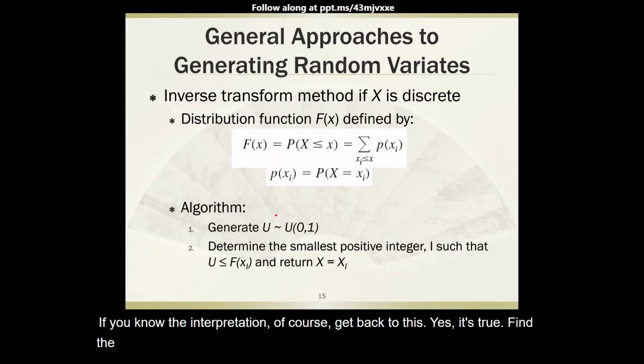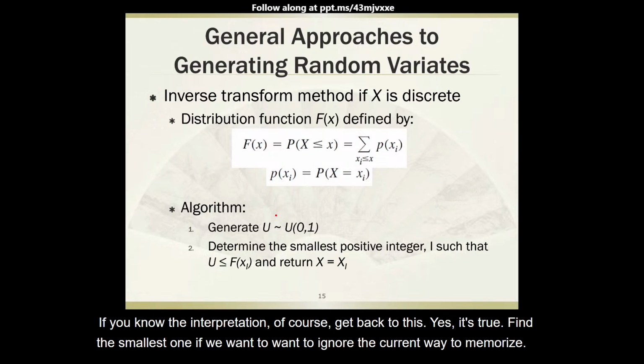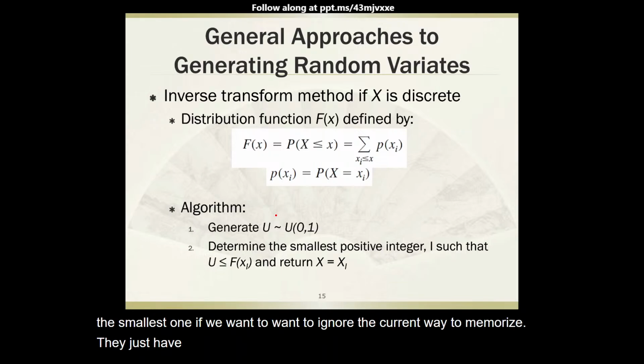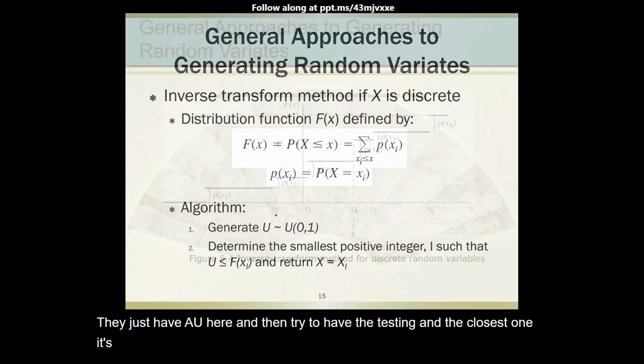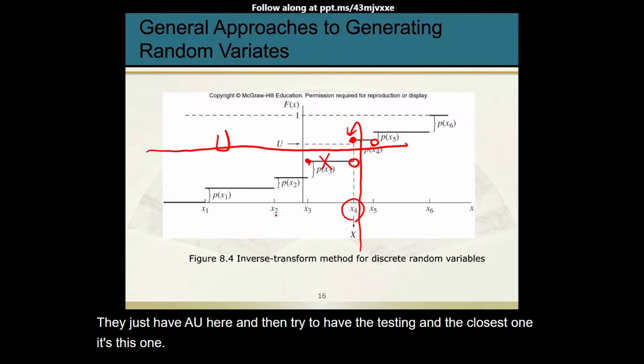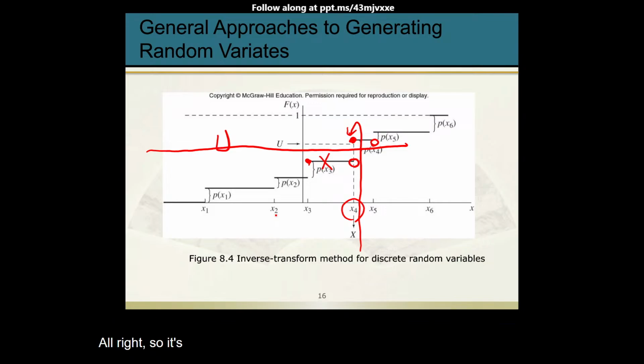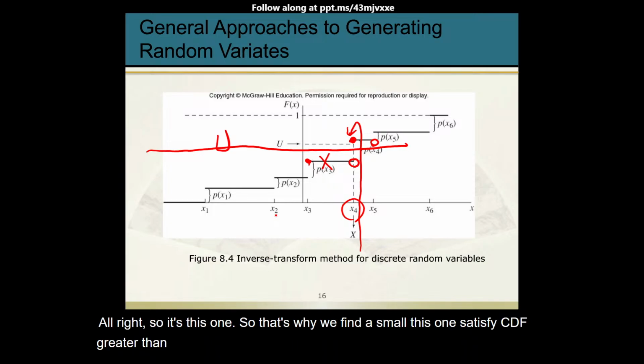If we want to ignore the current way to memorize, you just have a U here, and then try to have the testing, and the closest one is this one. So that's why we find the smallest one satisfying CDF greater than U. And so you return the smallest index 4. So it's X4. That's it.